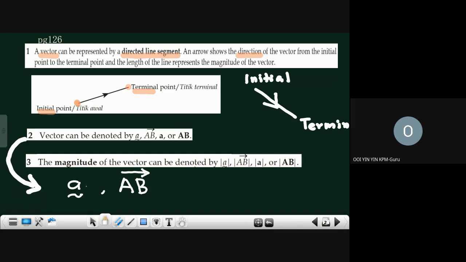A B. And then the third one, you see this one, and the fourth, these two we seldom use, because you can only use them when you type on a computer, since you need to bold the letter. Do you want to draw it bold by hand? You can't see it. So the bold letter is only for computers.